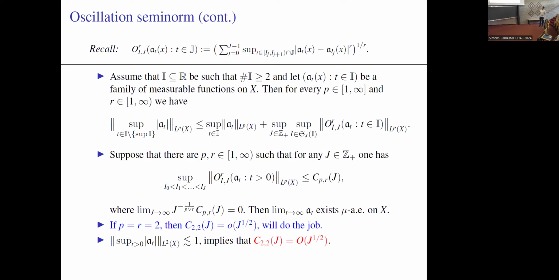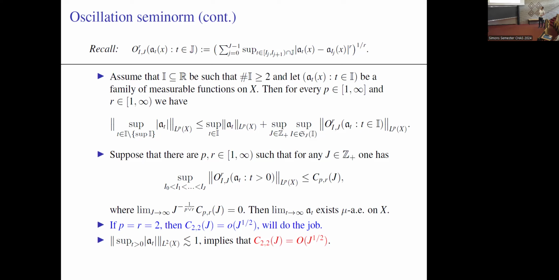Okay, so we have more properties which are similar to r-variations. The first one is essentially the one which we have for the r-variations, except that here I stated this estimate for norms, so for functions, not only for sequences.